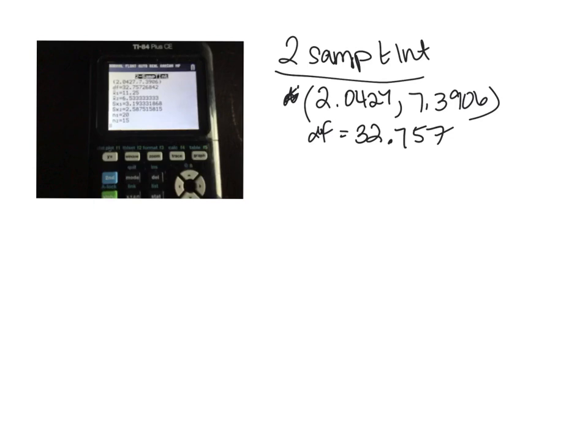And then we're going to interpret that interval.